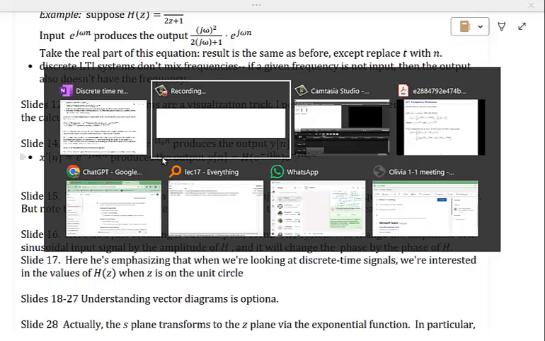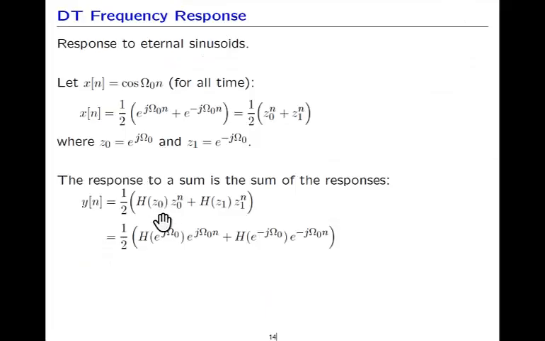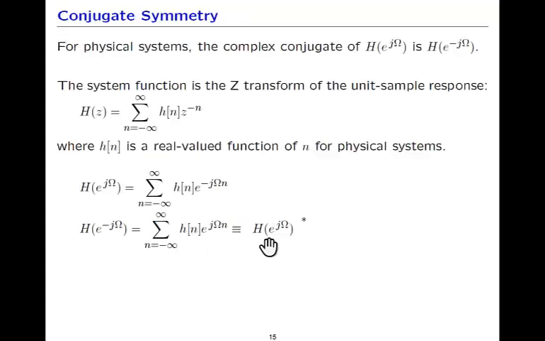So that's what he says here, that the output is the sum of the outputs, and then the key point here is that h of the complex conjugate is the complex conjugate of h, and that's not immediately clear. That's only clear because these h of n's are real. If the h of n's were not real, then that would not be true. But this is, like I said before, do the calculation in complex space and then take the real part at the end, and you'll get the correct answer.